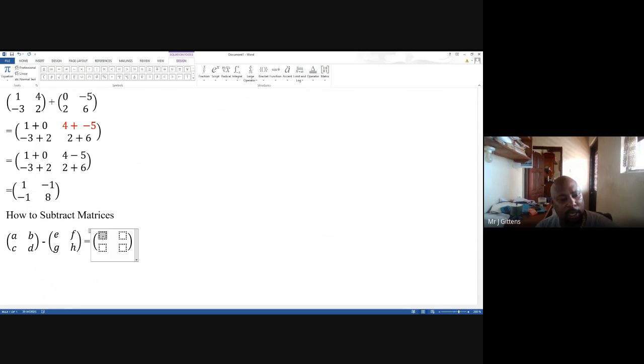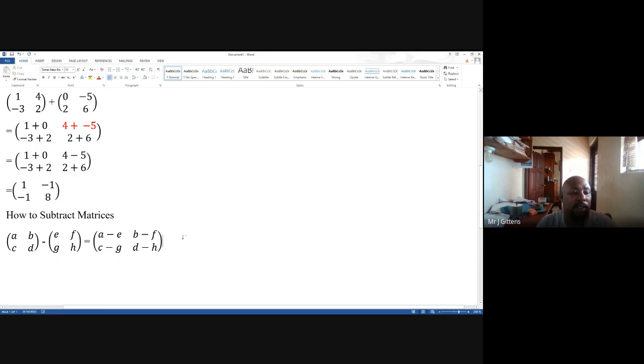A and E are top left, so they subtract each other: A minus E. Then B and F at top right, so it'll be B minus F. And then C and G is bottom left, so C minus G. And D and H is bottom right, so it'll be D minus H. So that's basically the formula used to subtract.